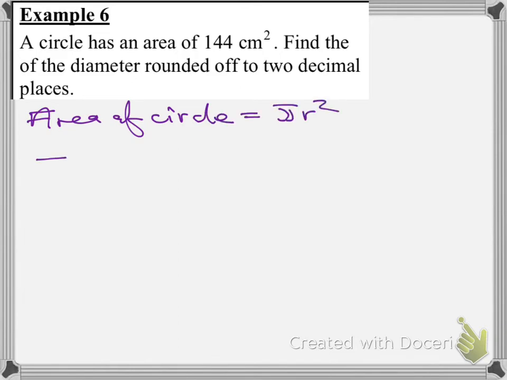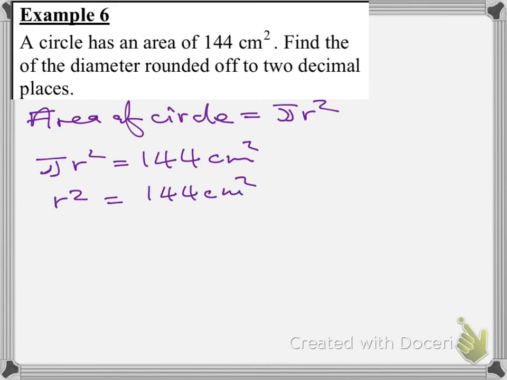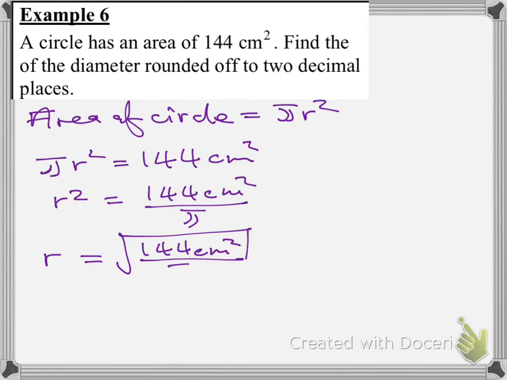So we are going to say pi r squared will be equal to 144 square centimeters. We divide both sides by pi. So r squared will be equal to 144 square centimeters divided by pi. And then we find the square root of both sides. So your r will be equal to the square root of 144 square centimeters all over pi.